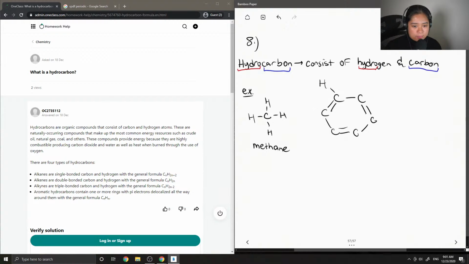So this is an aromatic 6-membered ring that only contains carbons and hydrogens, and it is called benzene. This is another example.